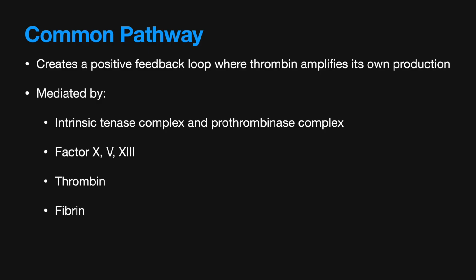As more thrombin is produced, it creates a positive feedback loop and amplifies its own production, rapidly forming a blood clot. The common pathway is mediated by intrinsic kinase complex, prothrombinase complex, factors 10, 5, and 13, thrombin, and fibrin.